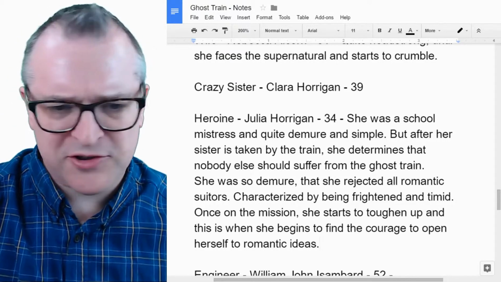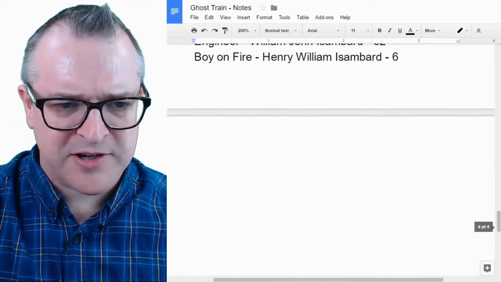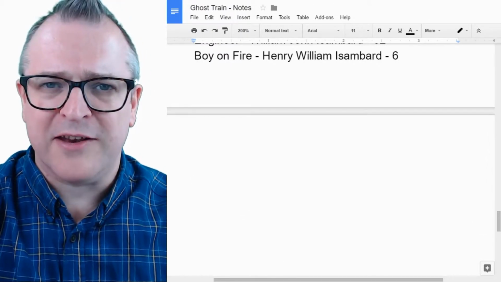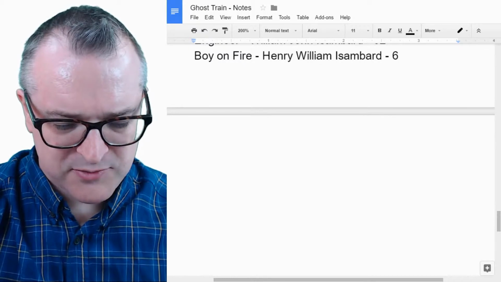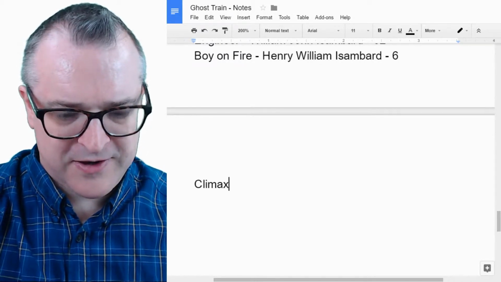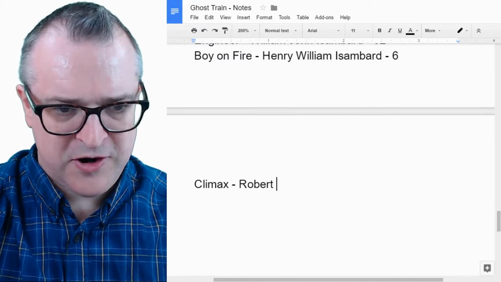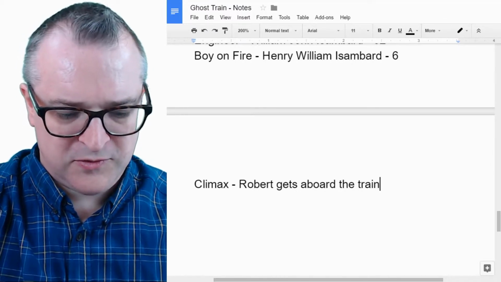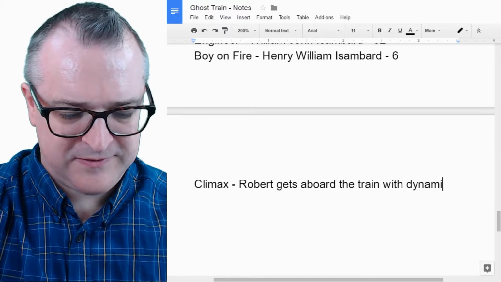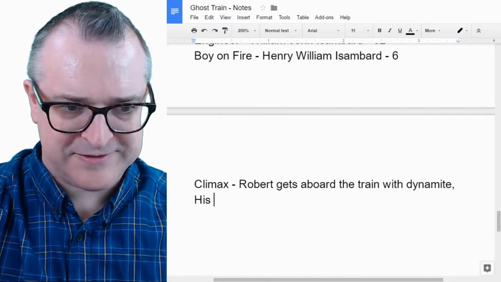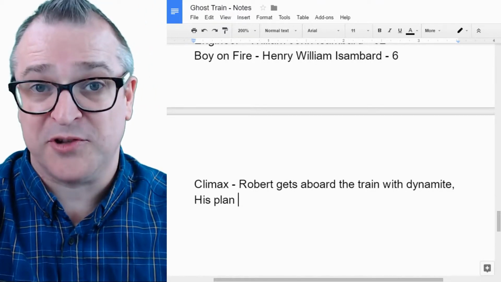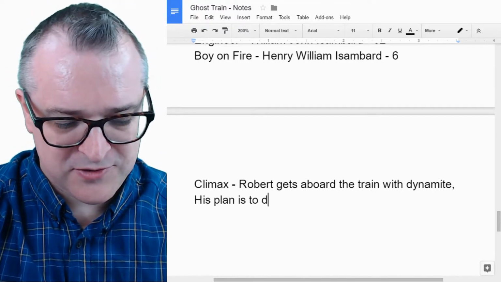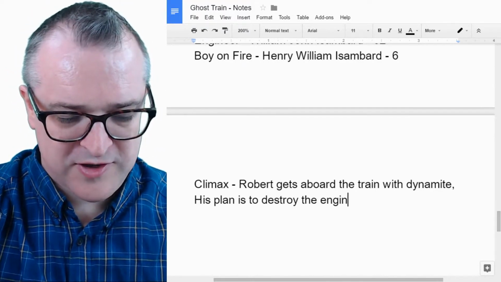Now I'm going to jump in just to a little bit of development, because I did have an idea about destroying the train. Robert gets on the train, so this would be in the climax. Robert gets aboard the train with dynamite. His plan, I don't know if it's possible to blow up a ghost train, but he's going to try. His plan is to destroy the engine.